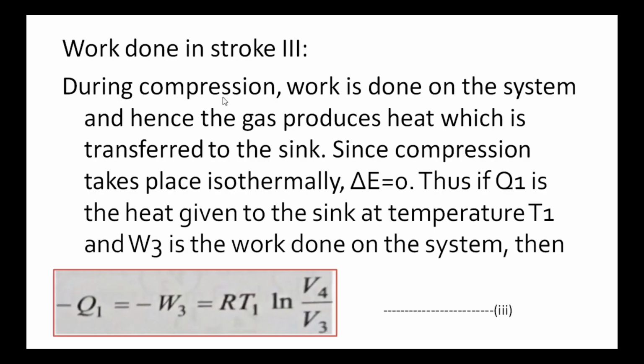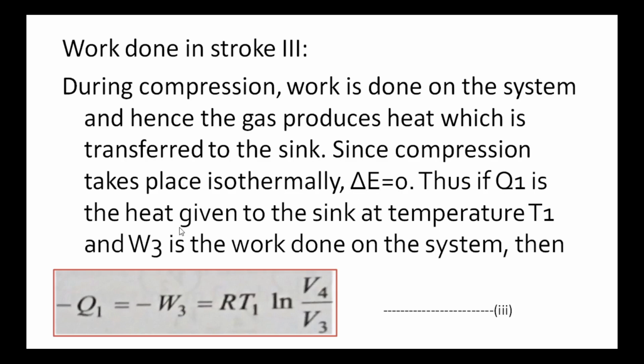Work done in stroke 3. During compression, work is done on the system and hence gas produces heat, which is transferred to the sink. Since compression takes place isothermally, isothermally means temperature remains constant, there is no change in internal energy.